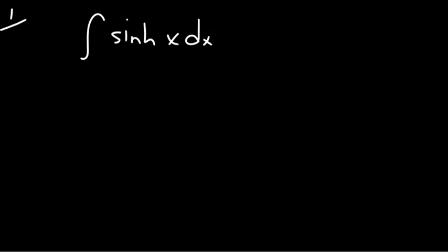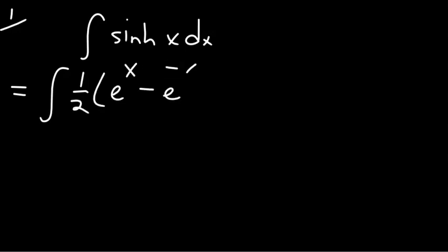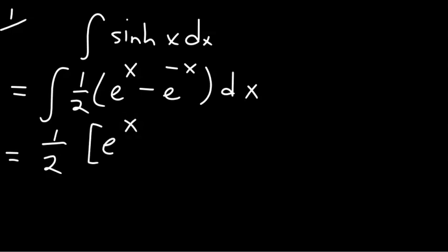Let's look at the first integral. Now we can rewrite this in terms of exponentials. It is quite simply half the integral of e to the power x minus e to the power minus x dx. We know how to integrate the exponential function. So it is half. Integrating e to the power x is just e to the power x.